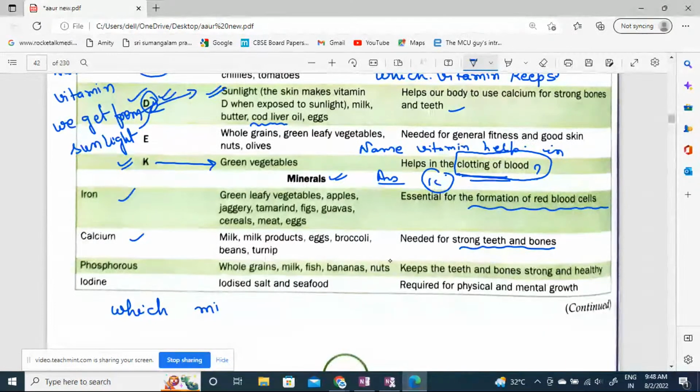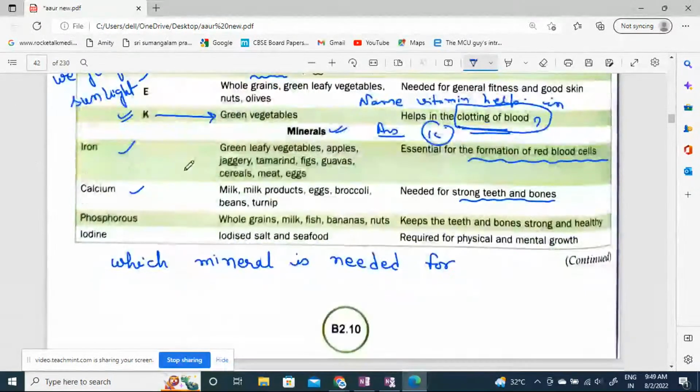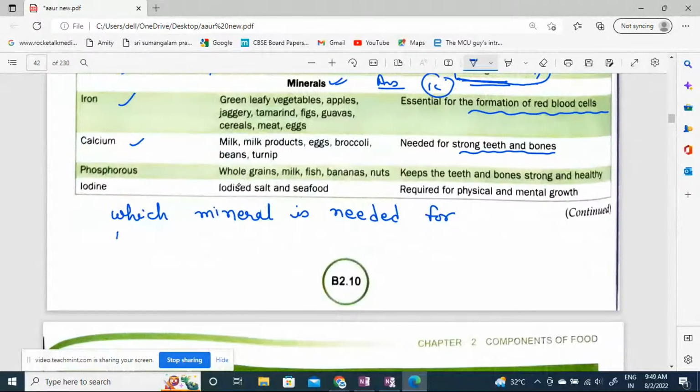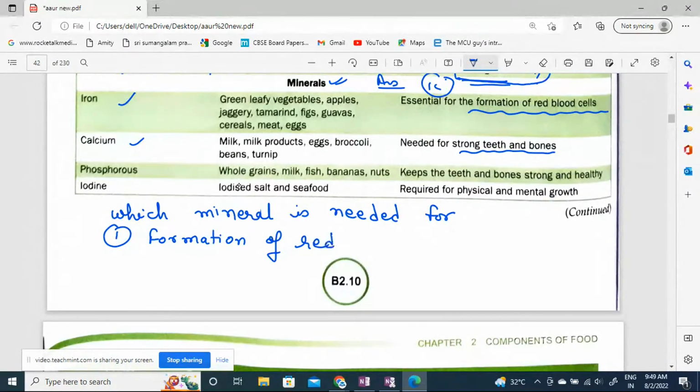Which mineral is needed for, number one, formation of red blood cells?